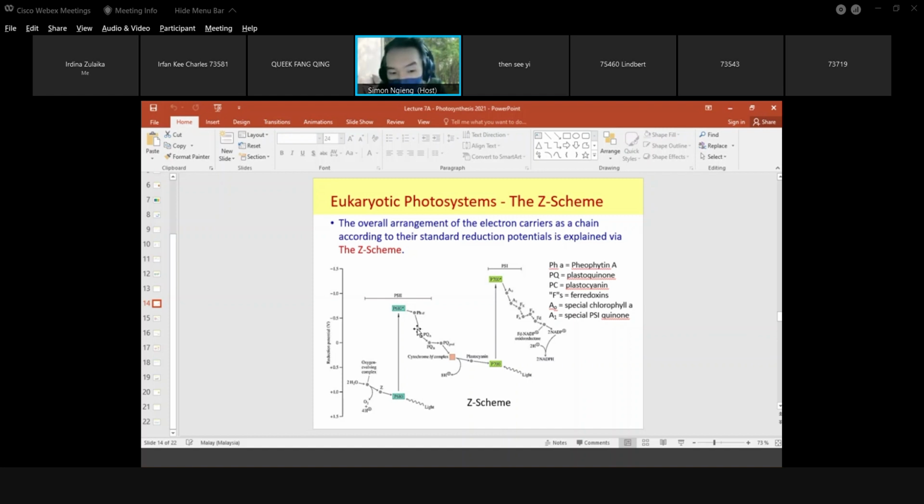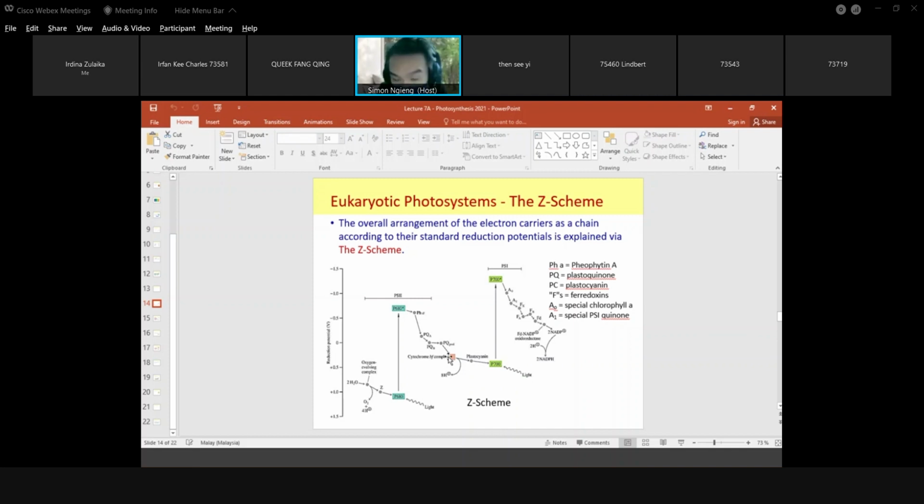The lower they are, the easier they tend to accept an electron, as you can see based on the plus sign here. So they are being passed along a chain of reactions, from one molecule to another, and eventually back to photosystem 1.